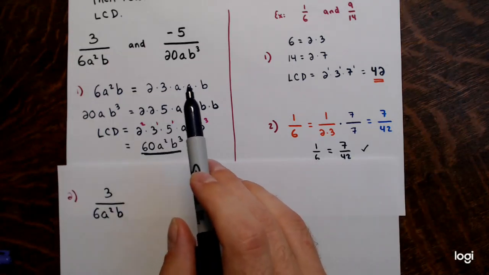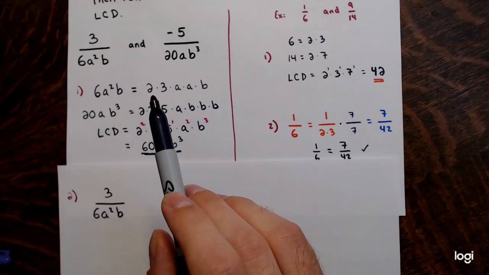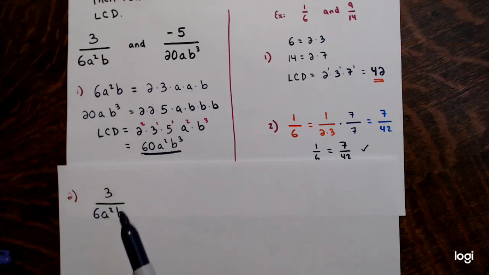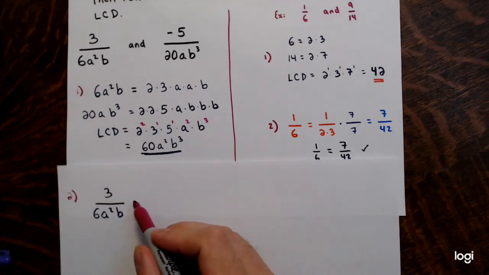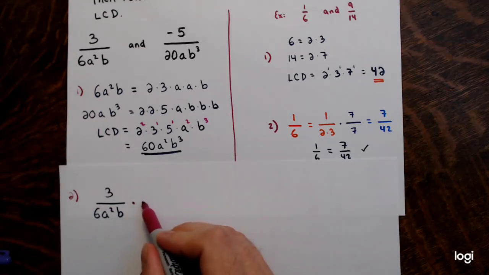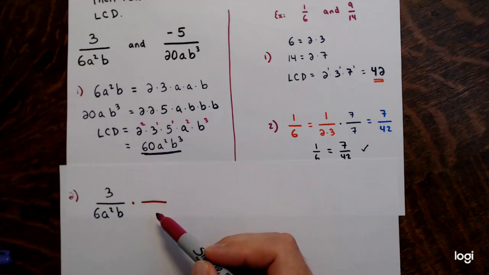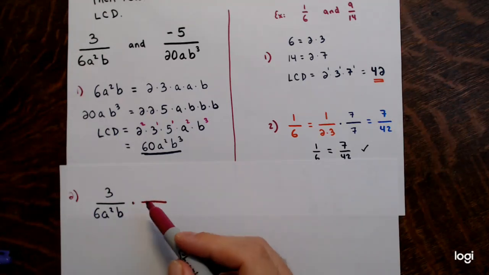When I see 6a squared b, these are the factors: 2, 3, a, and b. So here comes the multiplication part. I'm going to rewrite this as a new fraction by multiplying by 1. When I say multiply by 1, that means I multiply the numerator and denominator by the same non-zero number, or the same expression.